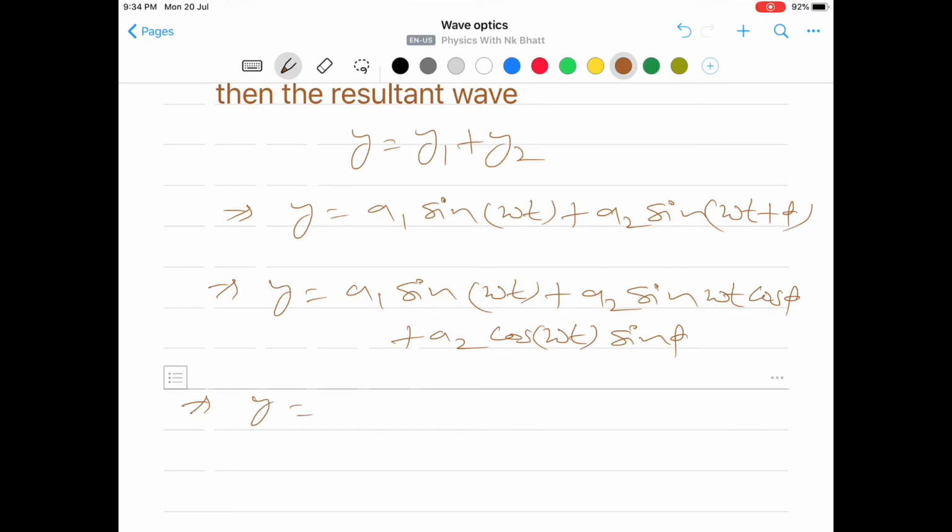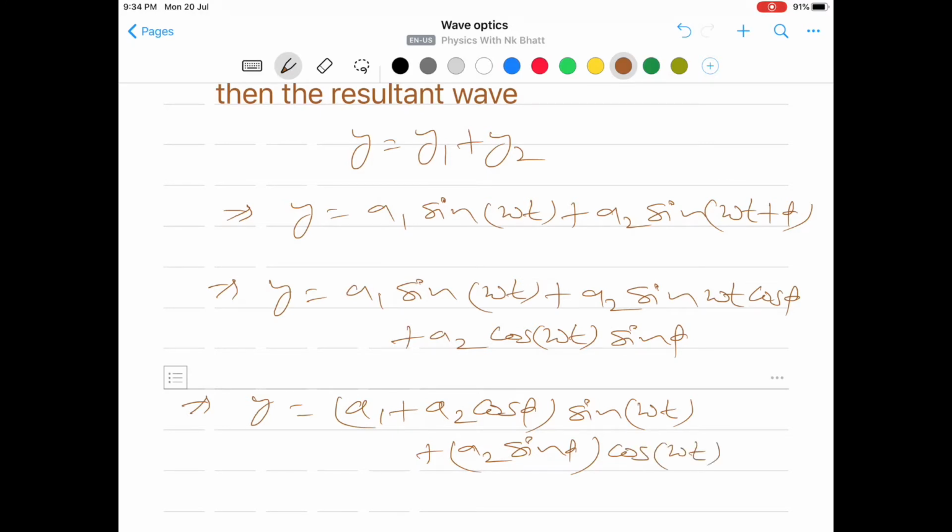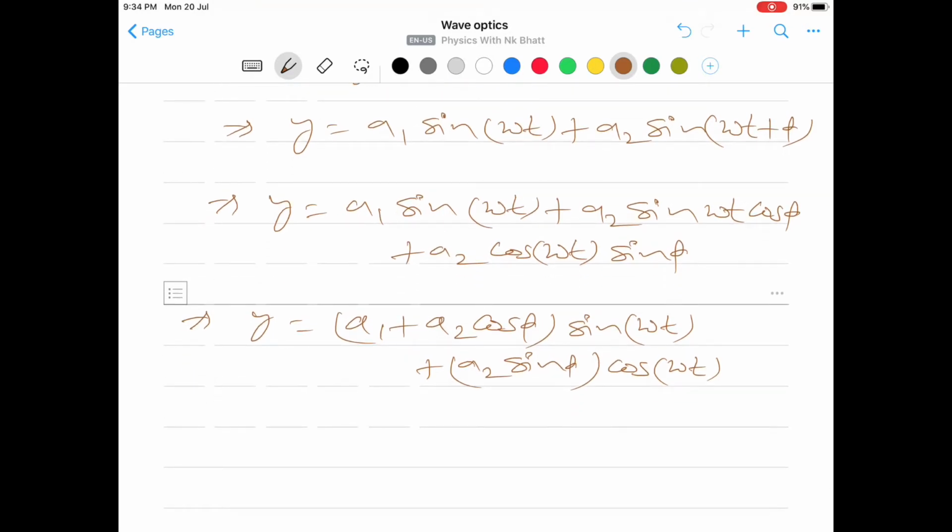If you take common from the first two terms, the common is sin omega t, so inside the bracket you will get a1 plus a2 cos phi into sin omega t plus a2 sin phi into cos omega t.